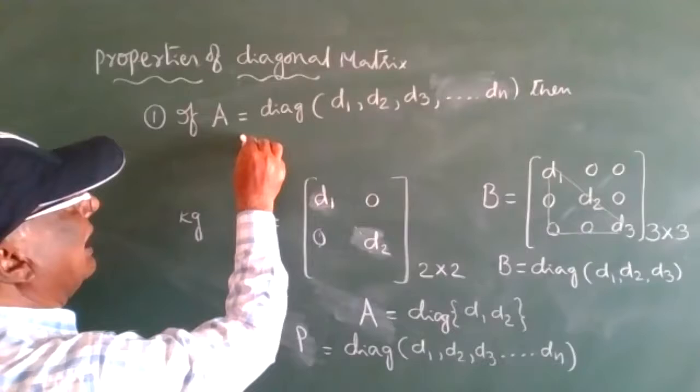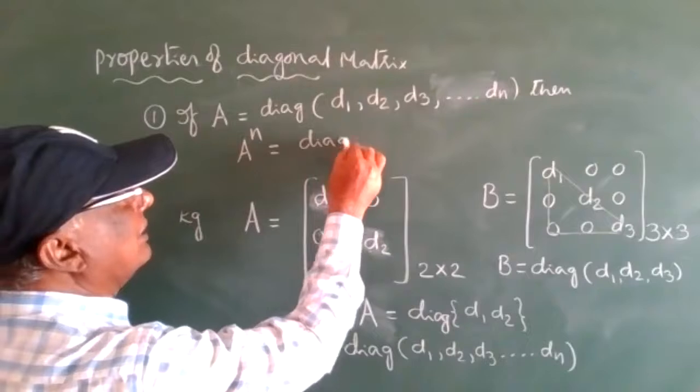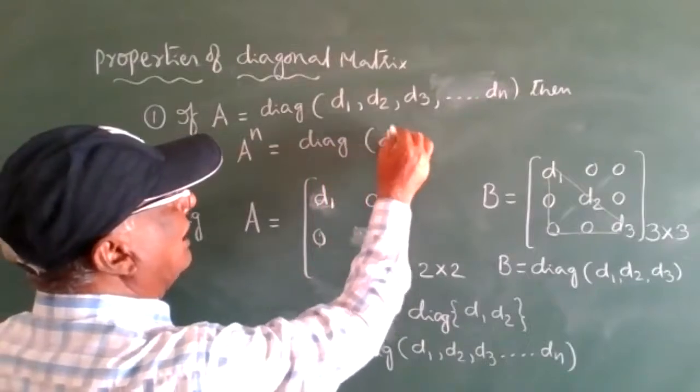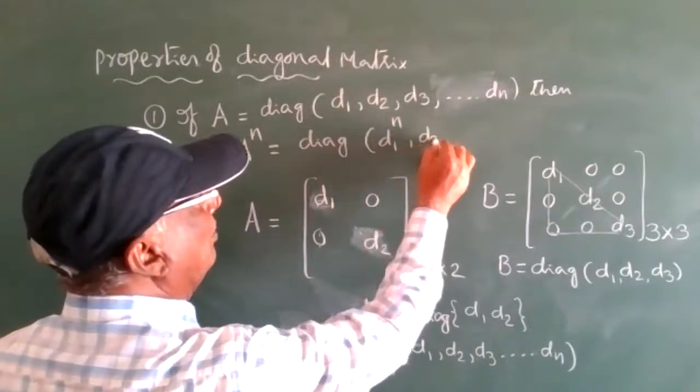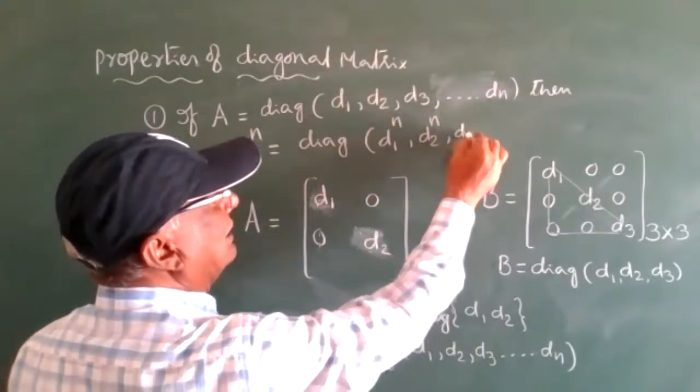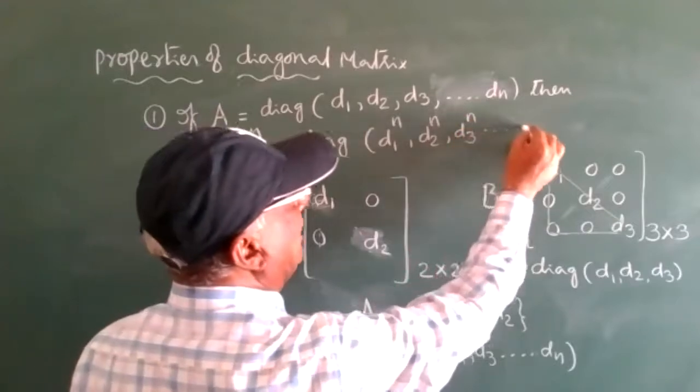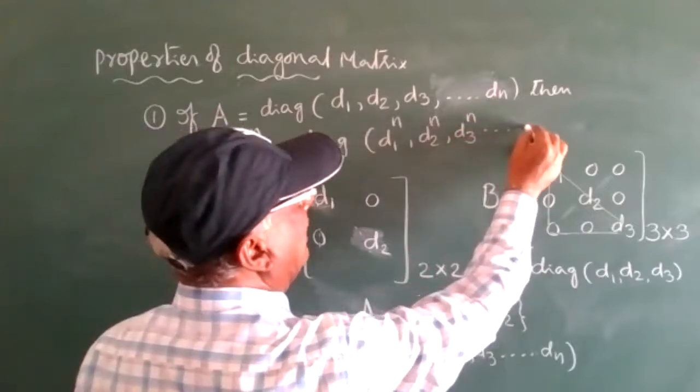So A to the n is diag of D1 to the n, D2 to the n, D3 to the n, up to Dn to the n.